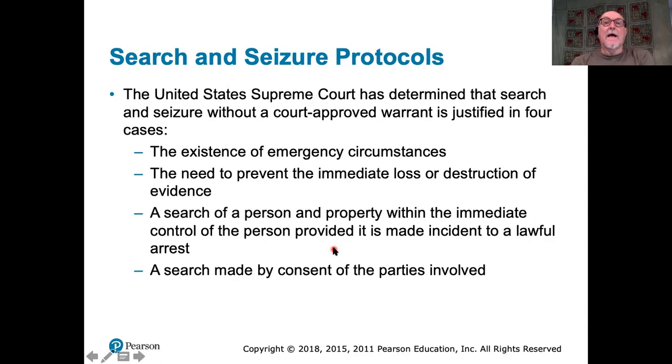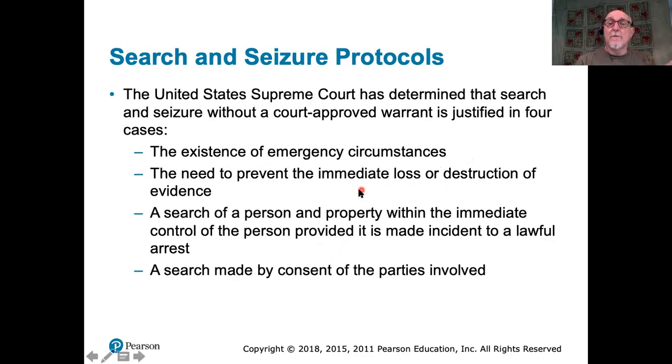So this search and seizure without a court-approved warrant is occasionally justified. It is, first of all, in the existence of emergency circumstances, such as there has been a murder. Authorities would have allowance to enter those premises immediately, begin gathering evidence, etc., because of that situation.